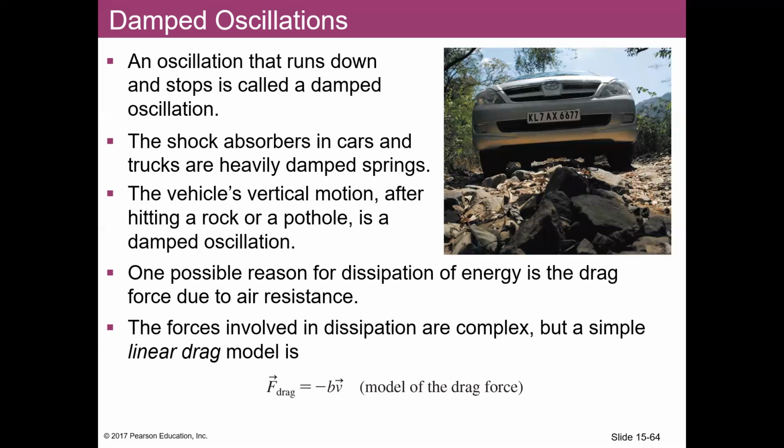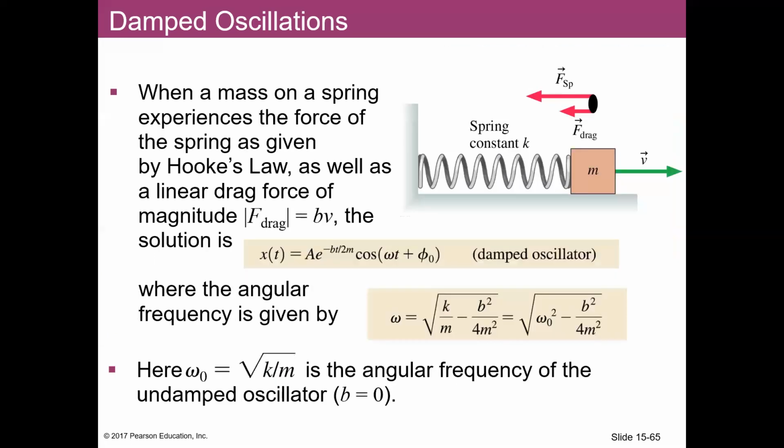The model that we'll use for damping, not only for masses on a spring but also for pendulums, is a linear drag force. A linear drag force is the best model to understand a simple description of damping. And so, of course, we start with the model of the mass on a spring.